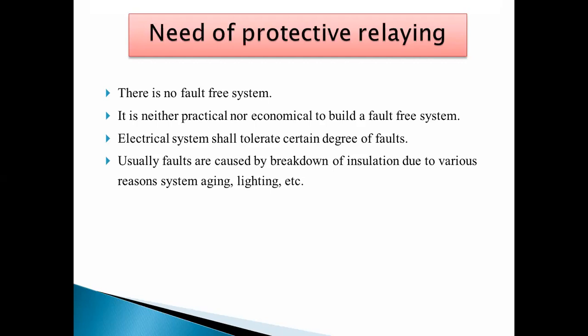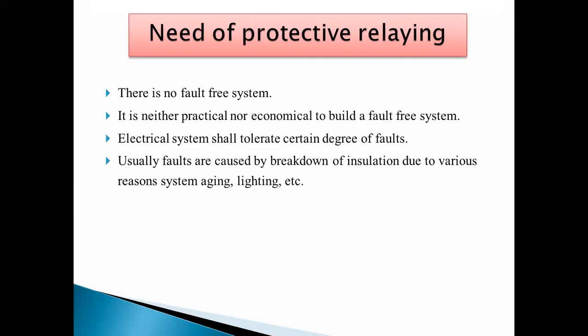According to that, the particular faulty section will be disconnected, and we can use the system by using the other or the backup protection, right? So we need these relays because they will detect the fault, and we can disconnect that particular part only, and we can protect our equipments. Okay, not only the equipments but also the lines.